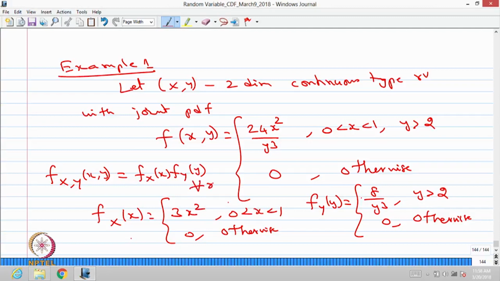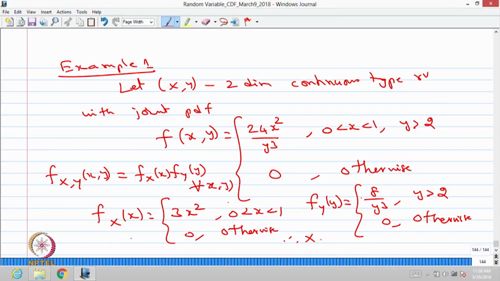Therefore, for all x comma y, the joint probability density function is same as the product of probability density functions of x and y. Therefore, these two random variables are independent. Therefore, x and y are independent random variables. Each one is of the continuous type.